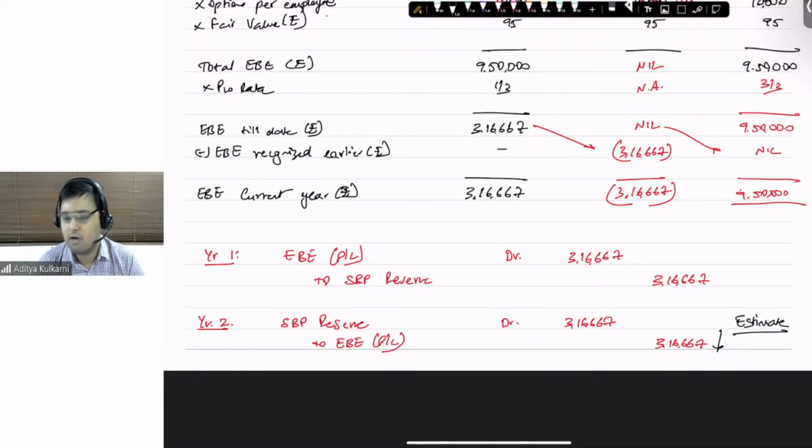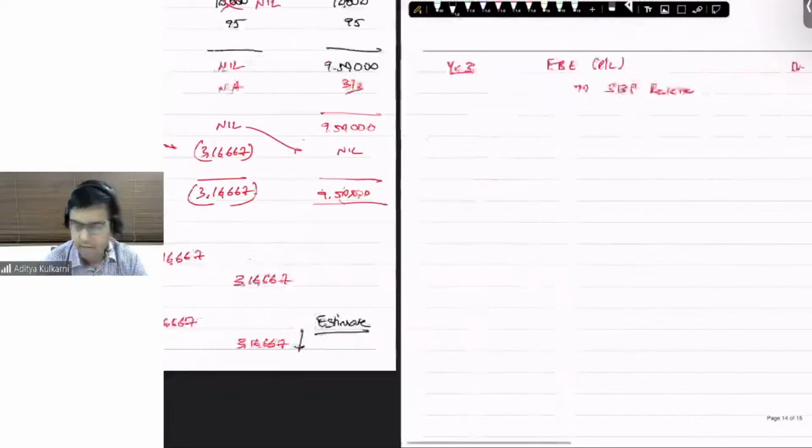Because of your estimate in the second year, probably it was a bad year. So you thought, why not we manipulate the figures and estimate that it will not vest, cost targets will not match, we'll see next year. So you have reduced the expenses, increased the profits. So there is a chance that profit can be manipulated.